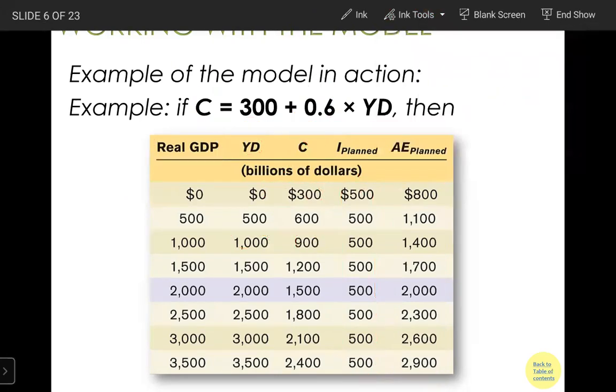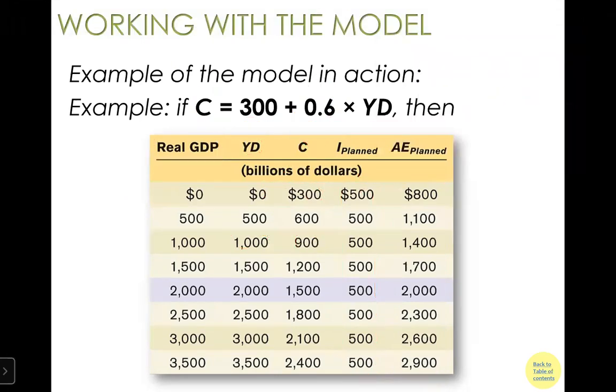Now if we look at this table very carefully, you're going to see there's only one row in which real GDP equals YD, which is no surprise, but also YD equals AE planned, or in some sense your guess.